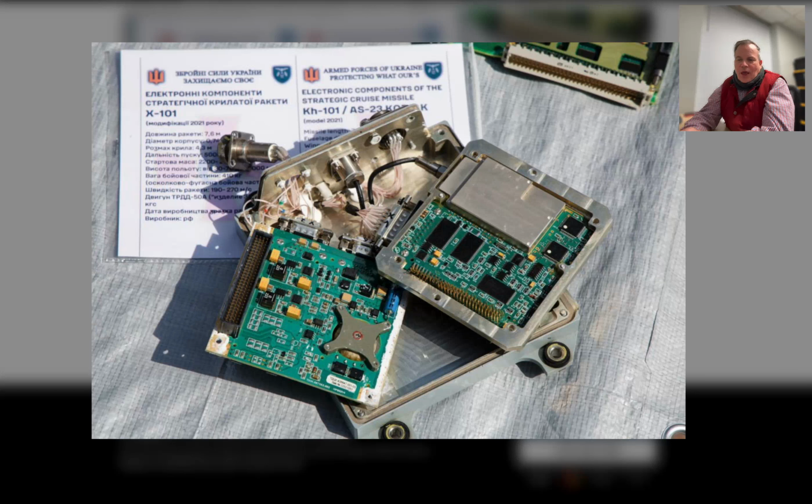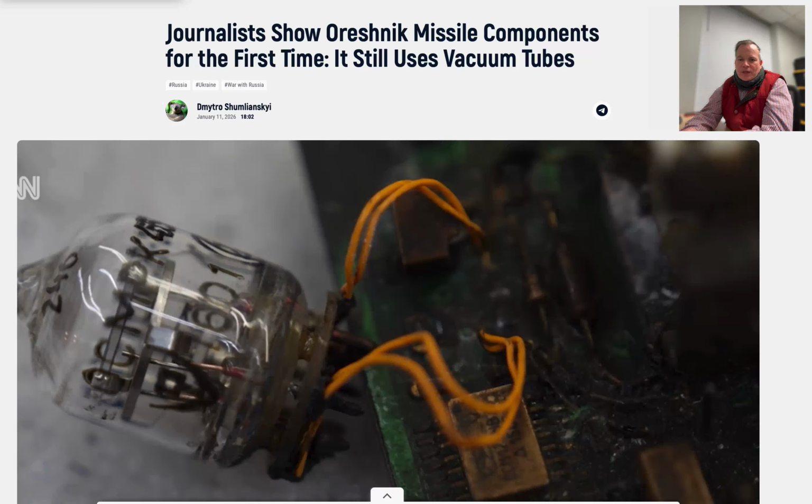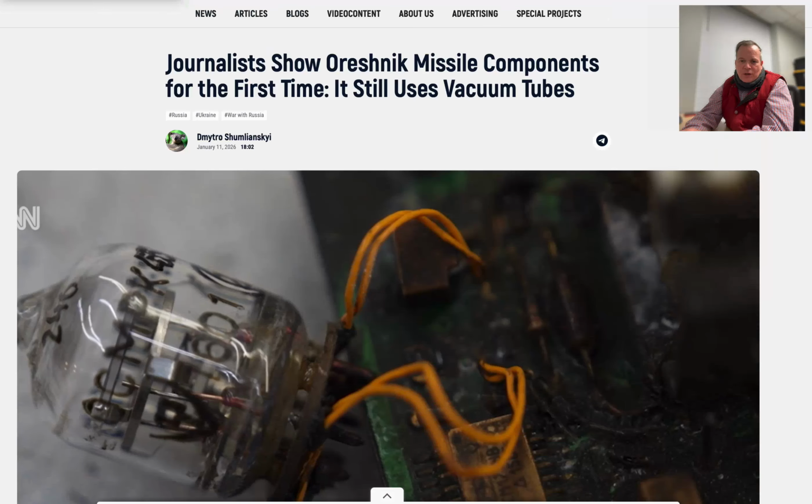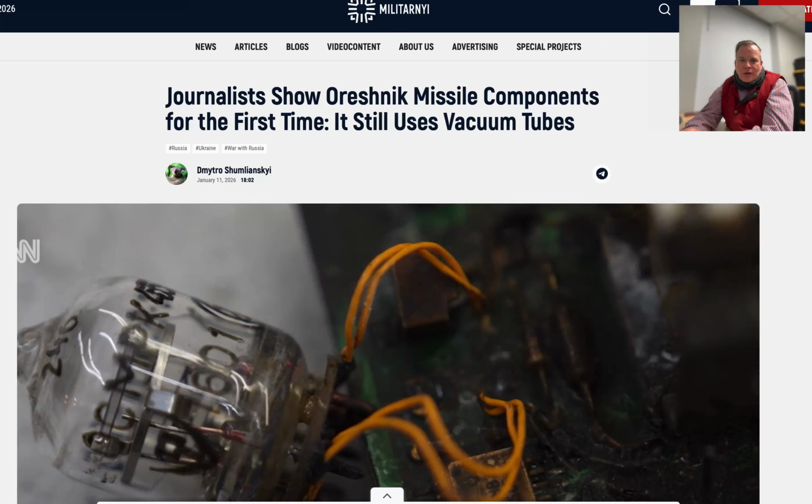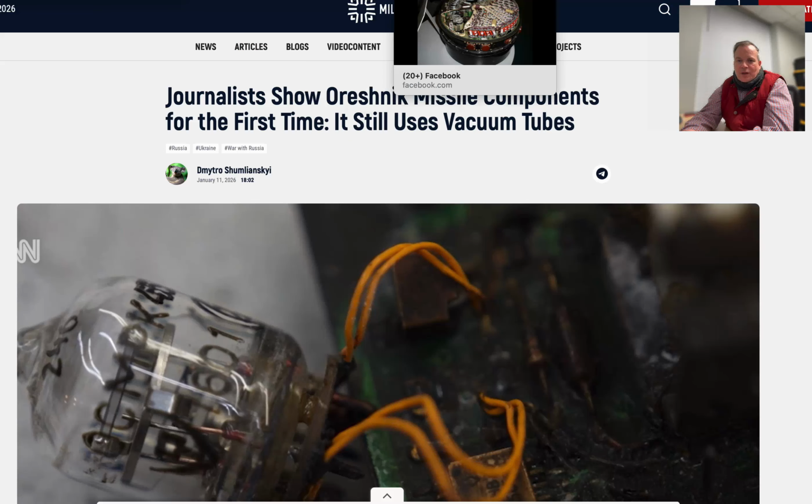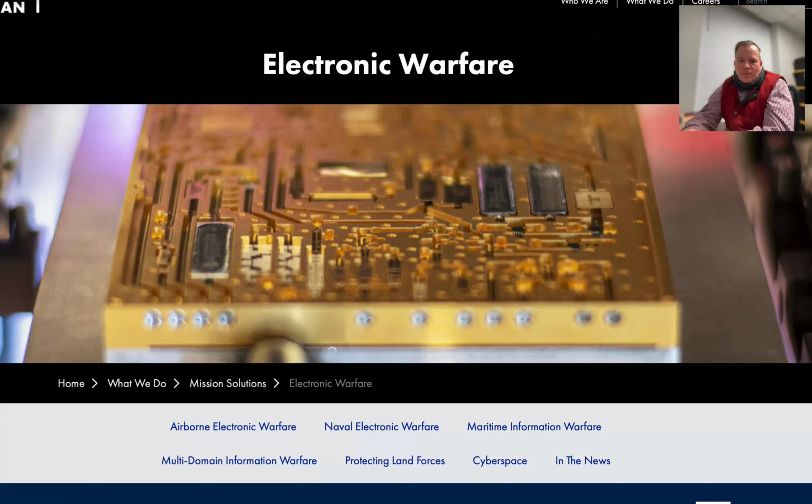So I wouldn't believe for a moment that this came from the Oreshnik, and that is my recommendation, at least, because if you start to look at the modern circuit boards, the integrated circuits for missiles, you start to get something much different, much cleaner, much flatter.